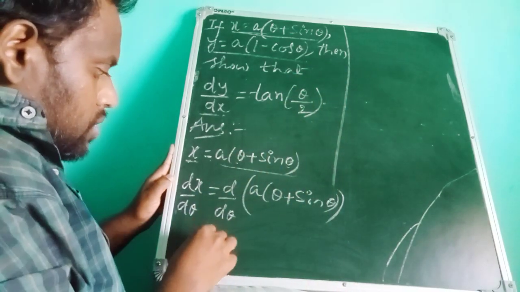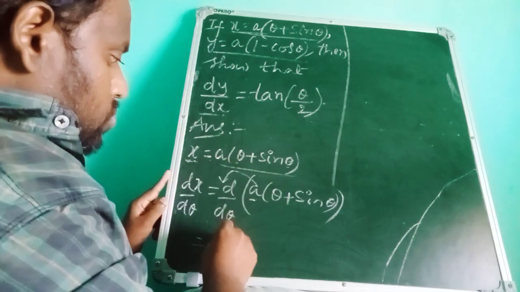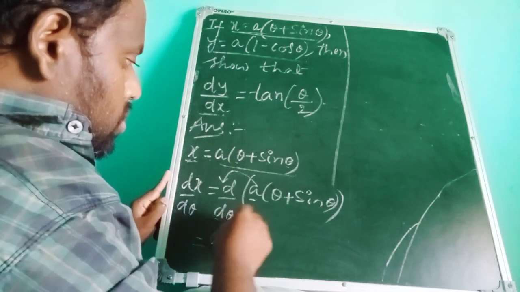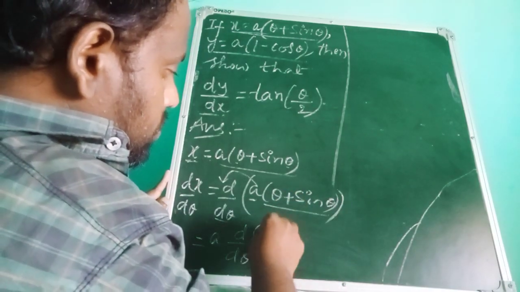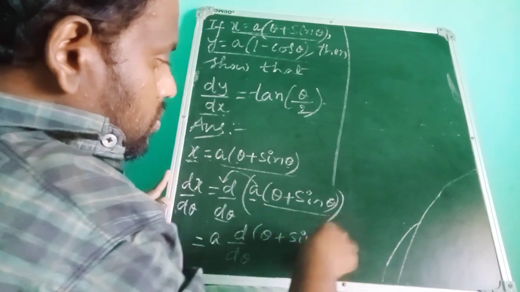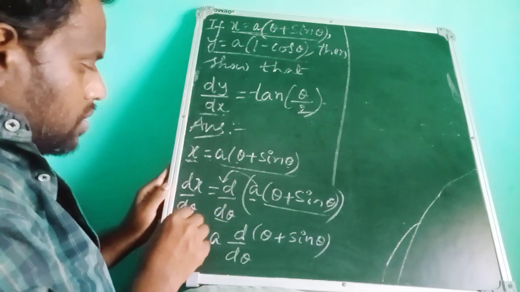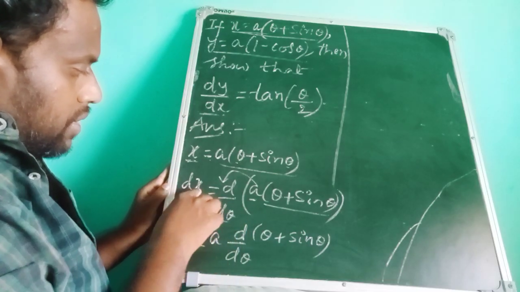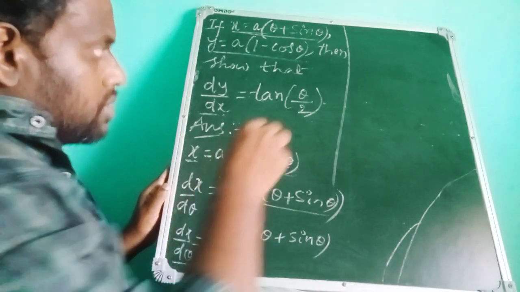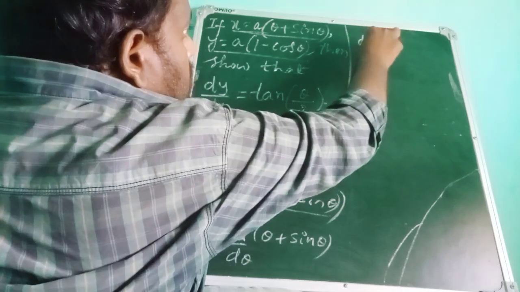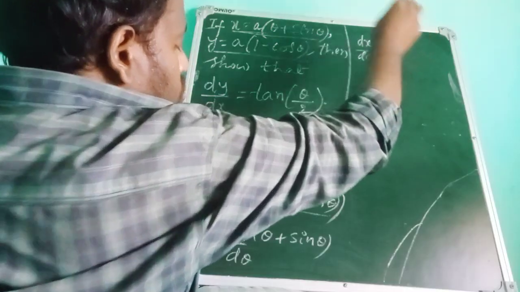Next step, a is the constant, you can take this outside. So a, next d by d theta of theta plus sine theta. Remember, before the equal sign this is dx by d theta. Next step, write dx by d theta is equal to, a is constant, write it as it is.